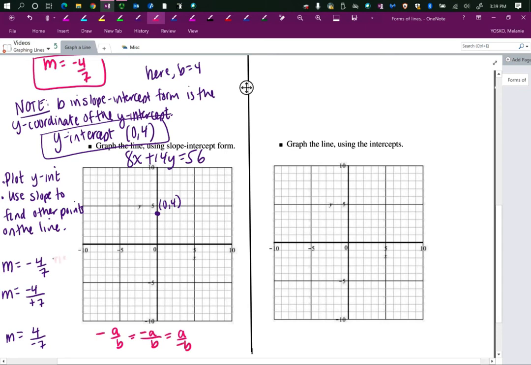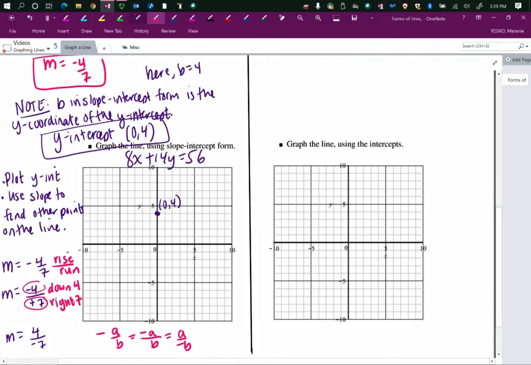Well, we know slope is rise over run. So if we group that negative with the 4, rise means up and down. The negative direction for rise is down. We could go down 4. And then run, we see we have positive 7. If you're running left to right on the x-axis, the positive direction is right.